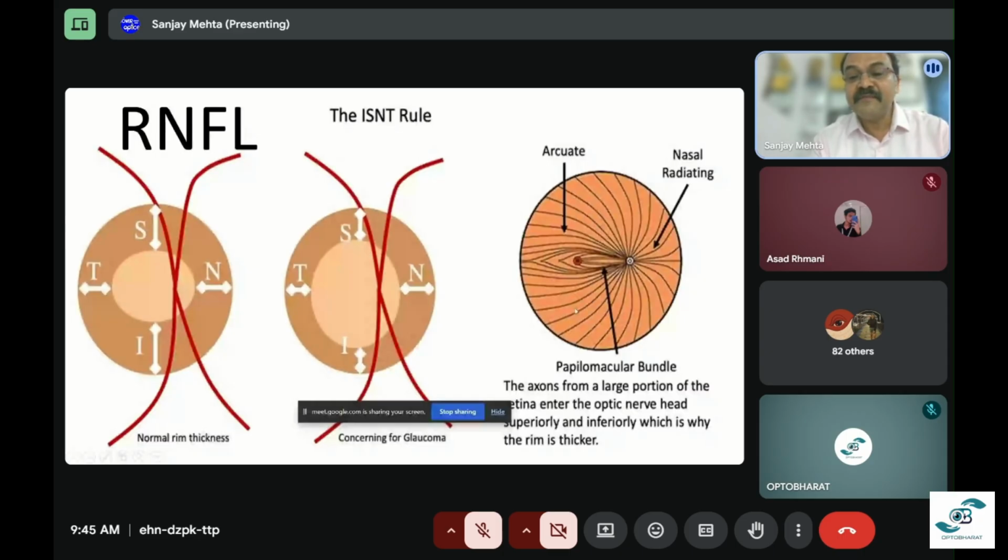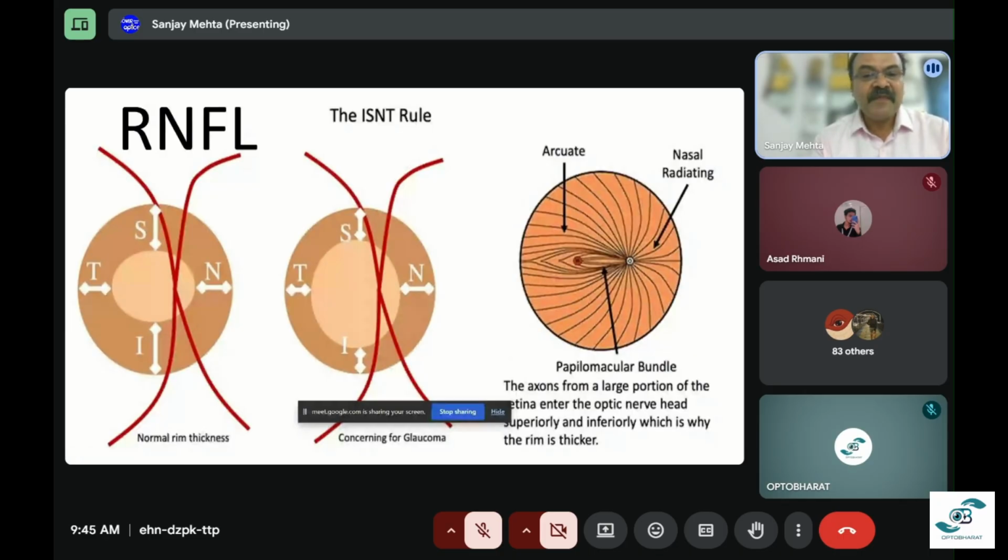Maximum nerve fibers are passing this way, so this becomes crucial as far as the vision is concerned. Nasal radiation is not that important because it occupies very little portion of our view.